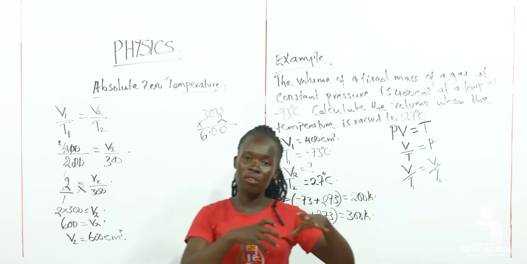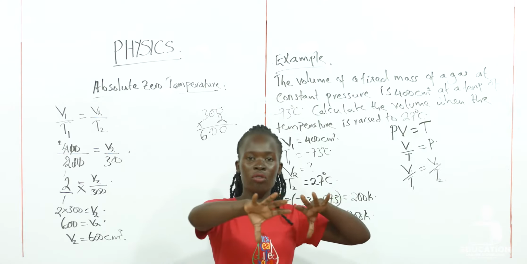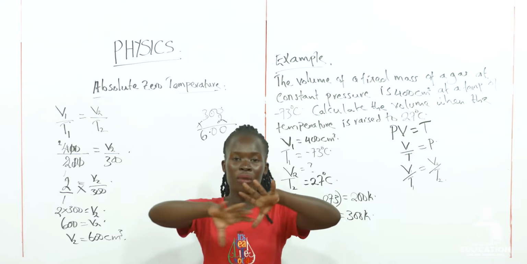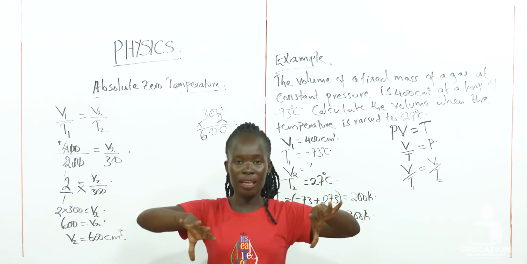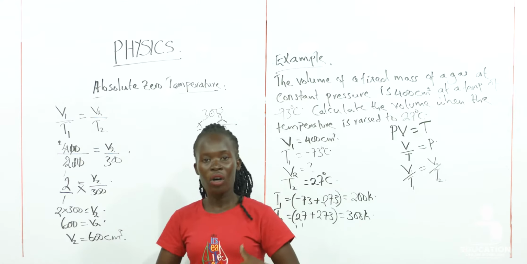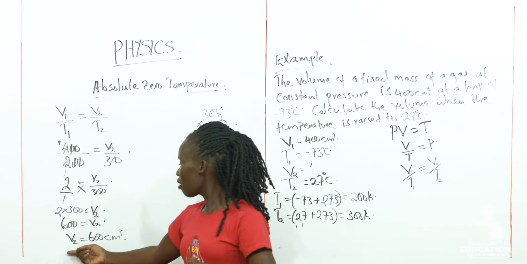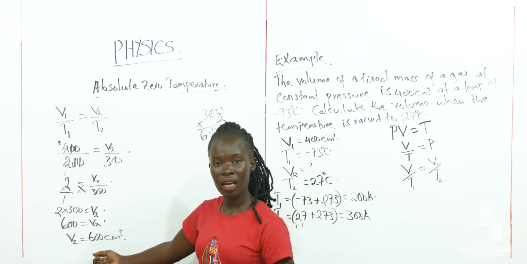So when the force is being loosened, the molecules move randomly and can occupy more space than before. So you see that they expand. That's why whenever you increase the temperature, the volume also increases.